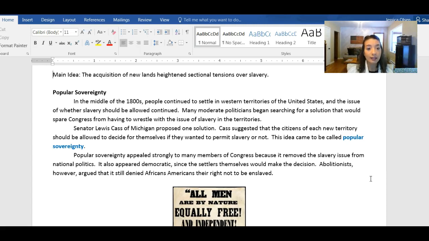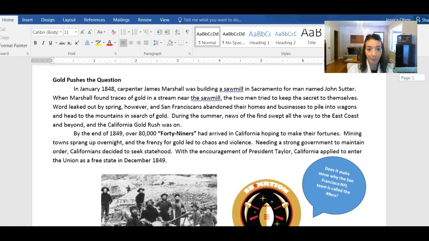And what the Senate decided to do was to allow those territories to choose whether or not they would be slave states, okay? So this is the idea that popular vote gets to decide whether or not the territories are going to be slave states or free states, okay?